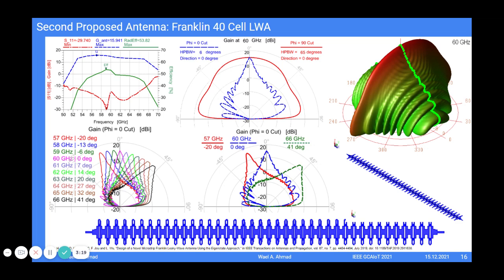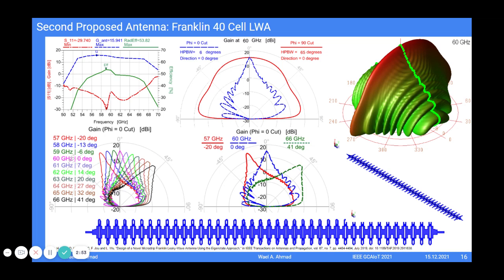So the beam width is as narrow as 6 degrees, because we have 40 cells, and we can cover in the ISM band 61 degrees scanning range from minus 20 degrees to 41 degrees with a scanning resolution of 7 degrees per 1 gigahertz. Also, the impedance bandwidth is much wider than the available ISM band frequencies.